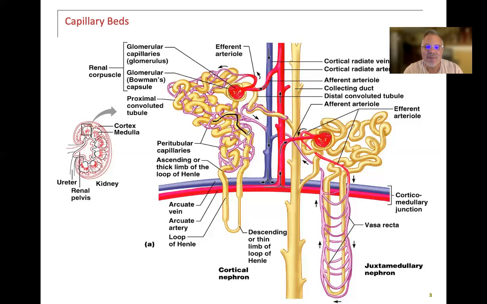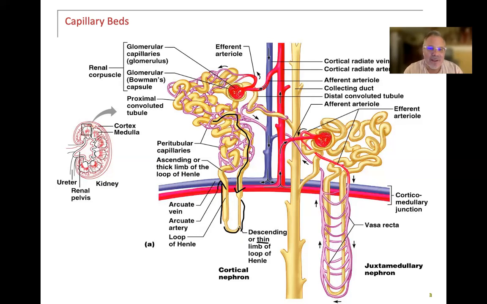So if we follow it this way, that's why this is the descending limb. And because it's thinner from here to here, they call it the thin limb of the loop of Henle. Here's the loop. And now we're ascending up, and that's the thick limb, because it's obviously thicker.